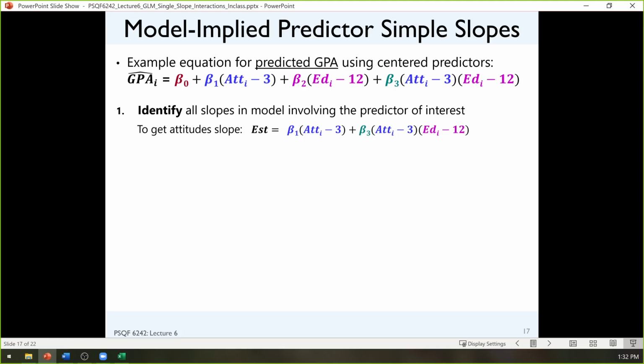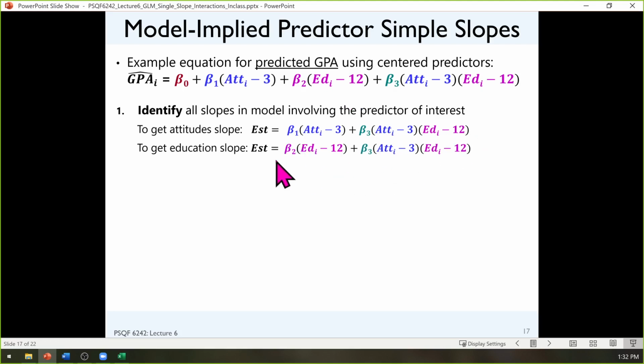Notably, I don't have an intercept because what I'm trying to figure out is a slope. Intercepts don't go into slopes. I also do not have the main effect of education by itself because that has nothing to do with attitudes. I only have the 2 terms that have attitudes in common.